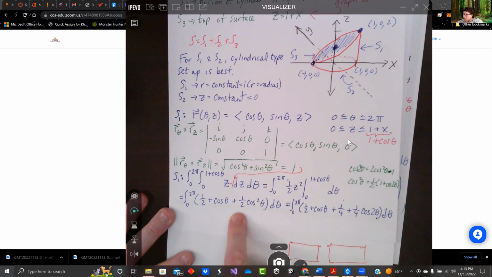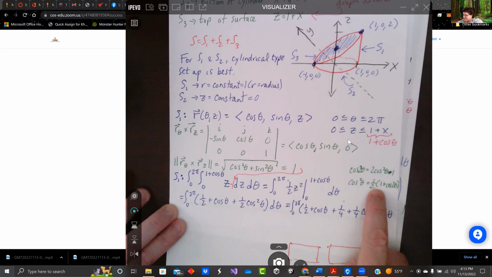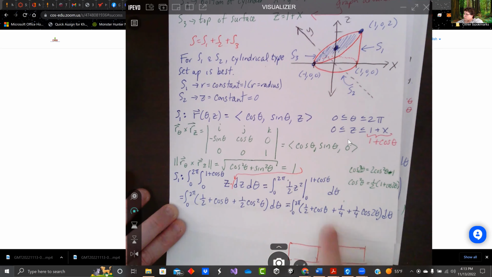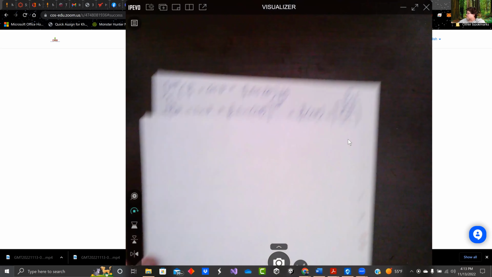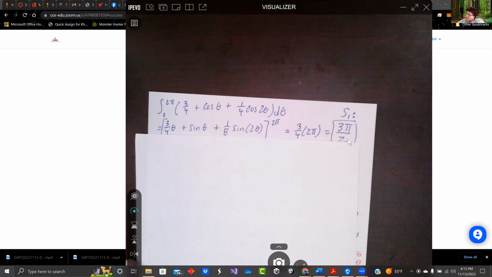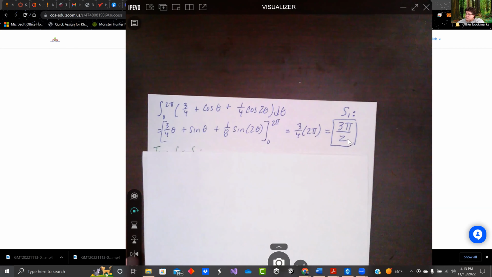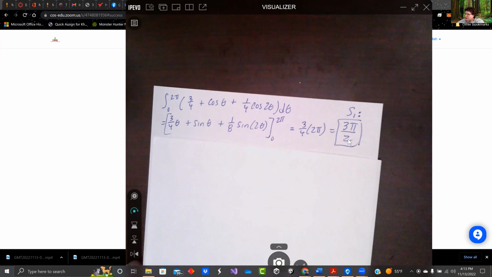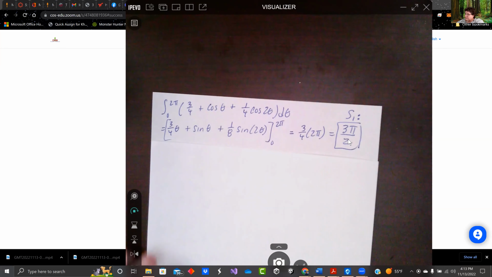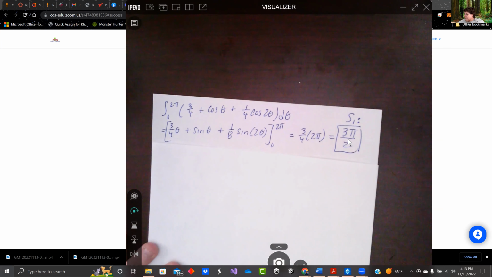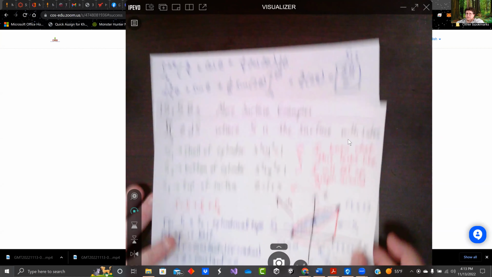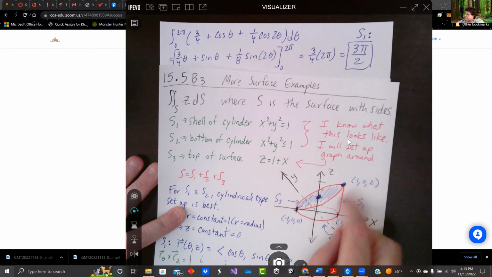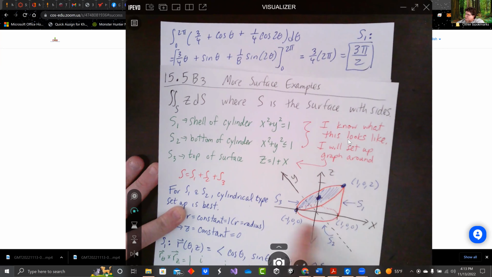So this 1/2 times that 1/2 gives us 1/4. So 1/4 plus 1/4 cosine 2 theta. So we integrate that, and we're going to get 3 pi over 2 when we're done. So that's S1.